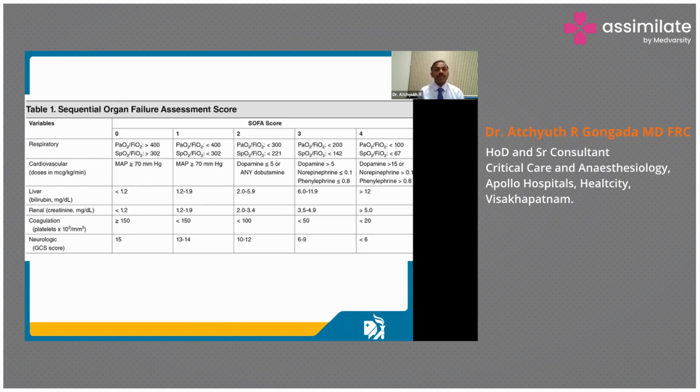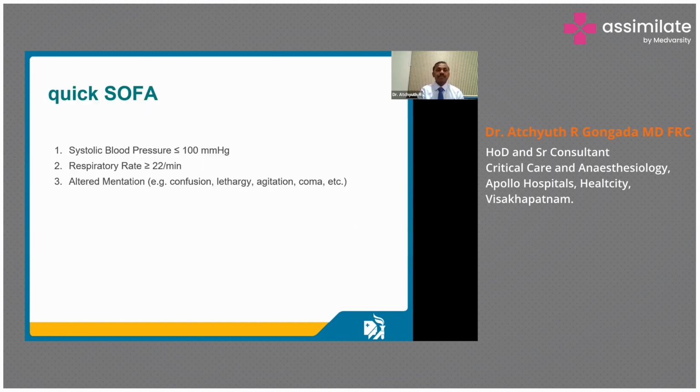In coagulation, we take the platelet counts into account, graded again from 0 to 4. A neurological parameter, the Glasgow Coma Score, is assessed and a score is given. Based on this, we assess the organ systems involved and the severity of sepsis.